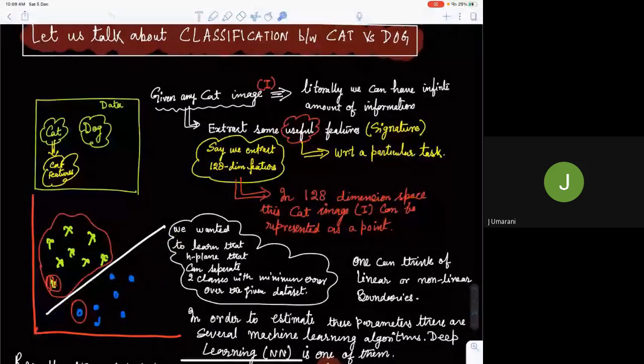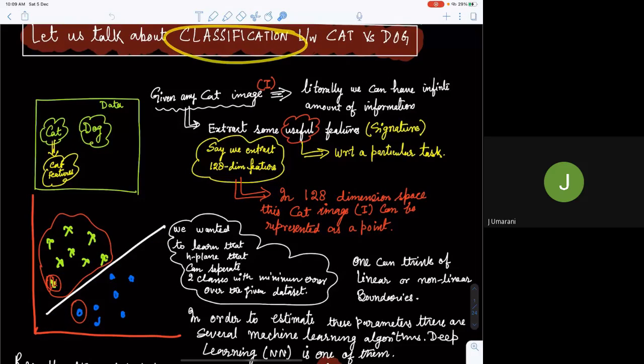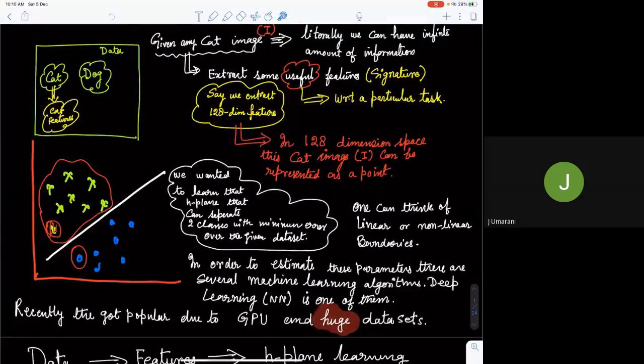That is the requirement of any classification algorithm: to come up with a hyperplane or maybe some non-linear boundaries, which we will see later, that can differentiate between cat and dog images, or class 1 and class 2 images. That is the work of a deep learning algorithm.